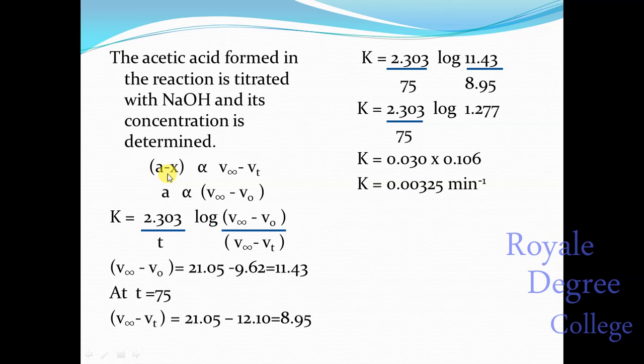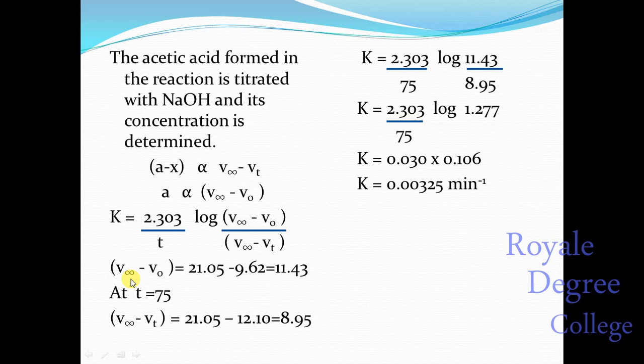So here in place of A, we write the value of A as V infinity minus V0, and in place of a minus x in the denominator, we write V infinity minus Vt. So for V infinity, you have to see the table, girls.